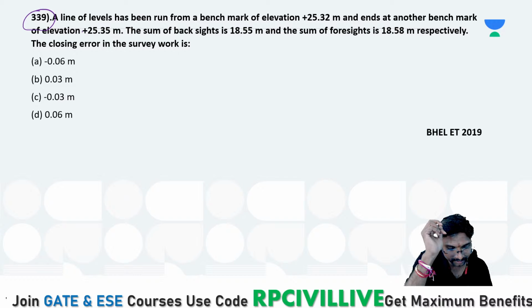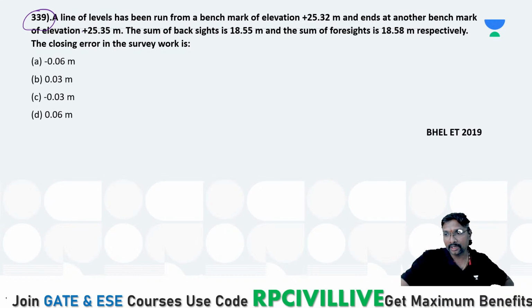This is also easy only. Yes, depending upon the reading, right? It is minus we have to do it, Anjaneyulu. Okay, it is minus only we have to do it, right?